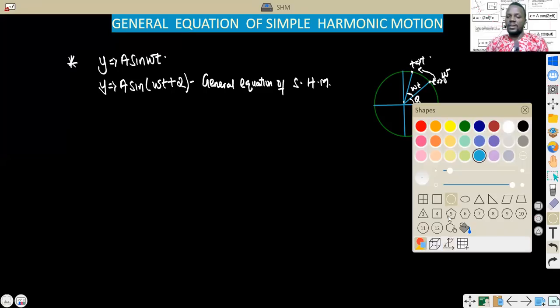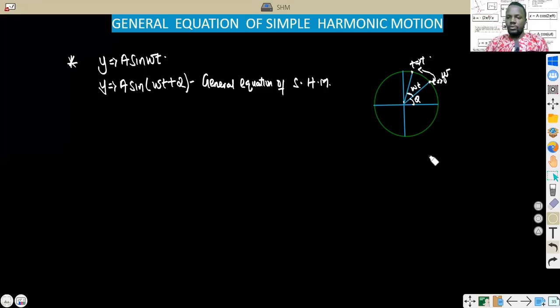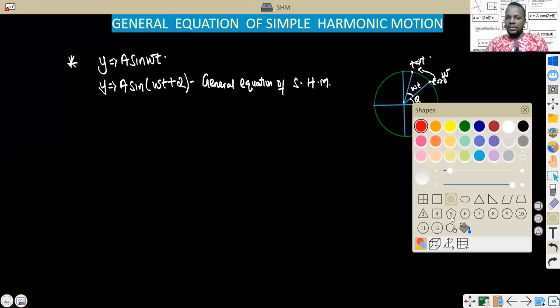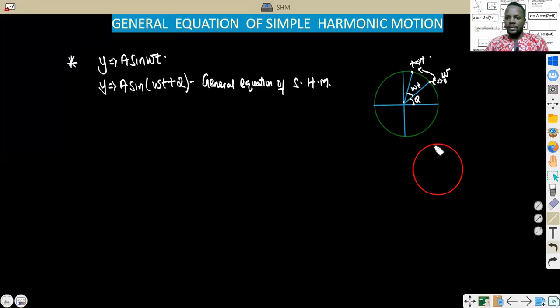So now you also need to understand something for those of us that are mathematically inclined. When a body is starting from mean position, the angle is making something like a right angle triangle. I hope students are still here. So look at this, guys. This is what I'm talking about. The body is here, and we have this and this.